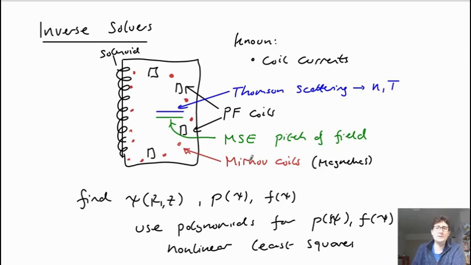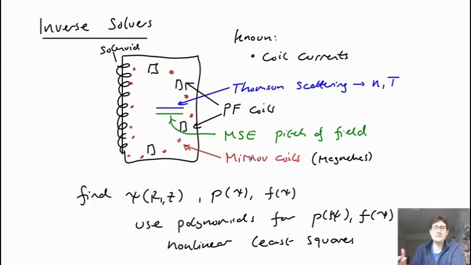So it might be a probe signal, it might be say a radio wave which is reflecting off a surface in the plasma. And in order to interpret this data, we need to know what the plasma looks like, what the magnetic field is. And so EFIT or some reconstruction is usually one of the first steps in a chain of analysis which happens after every shot. And so this is really a fundamental tool for experimental analysis.